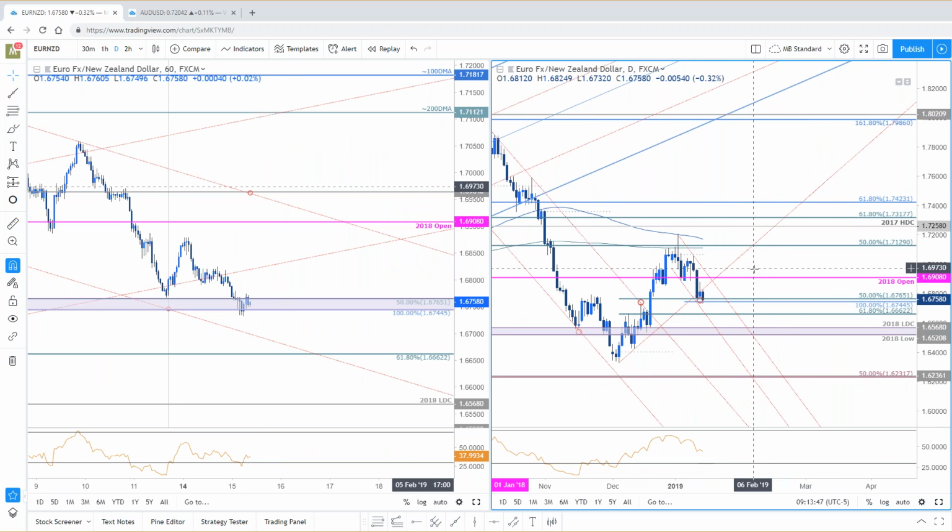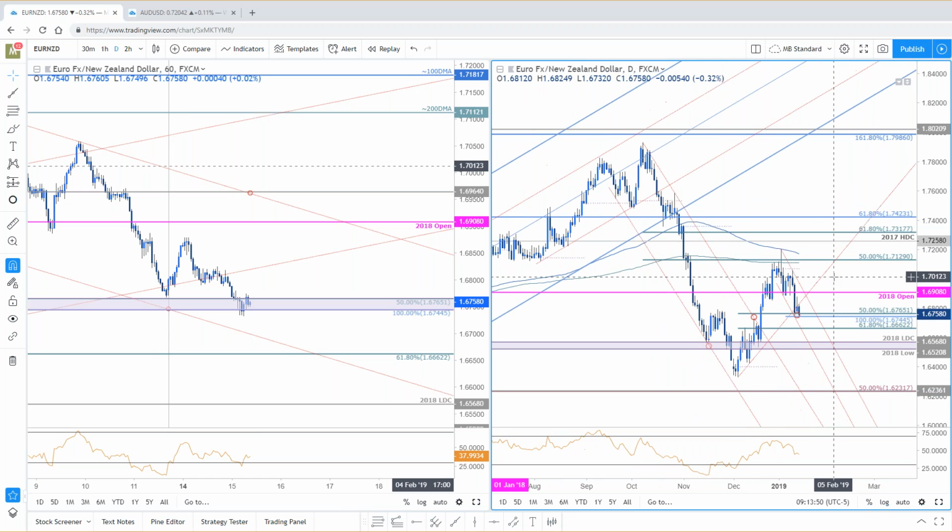This is one where I'm looking for some support. If we get Kiwi strength and Euro Kiwi breaks 67.45 on a daily close basis, I do think you have a good 90 pip move down to the 66.60s. That's where the 618 would be. But as it stands right now, this is where the pullback should find support if this is corrective.